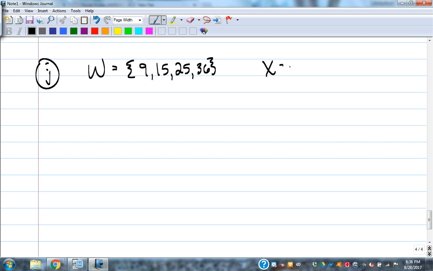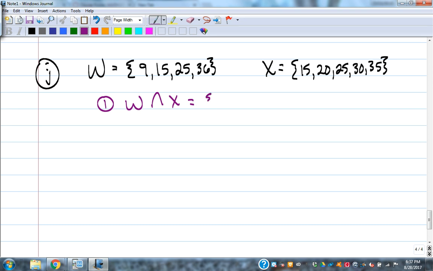Set X: 15, 20, 25, 30, and 35. The first thing, let's find W intersect X. Where do those two intersect one another? 15, 25. That's it. There's two elements in the intersection.